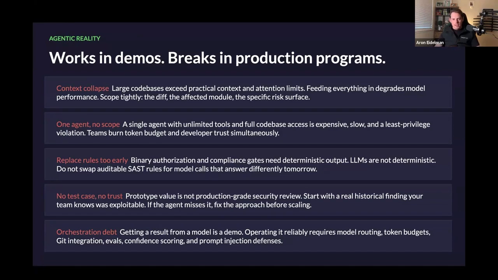Yeah. So in particular, there are constraints with context, and a tendency when getting started to try to load a bunch of tools into an agent all at once and see what it produces. There is definitely a point of diminishing return where the agent starts to not do as good a job at the review.